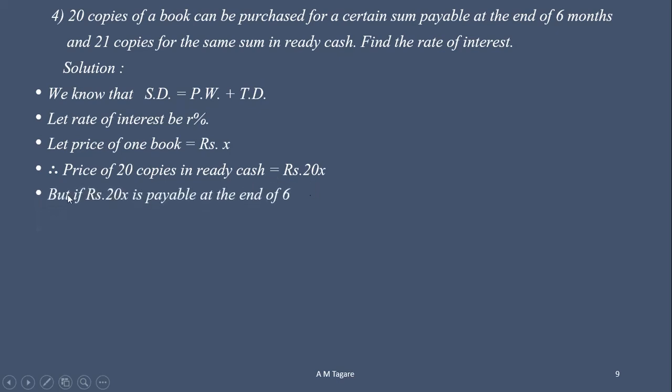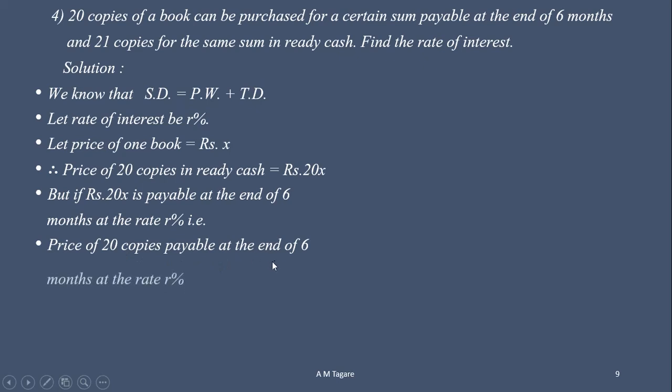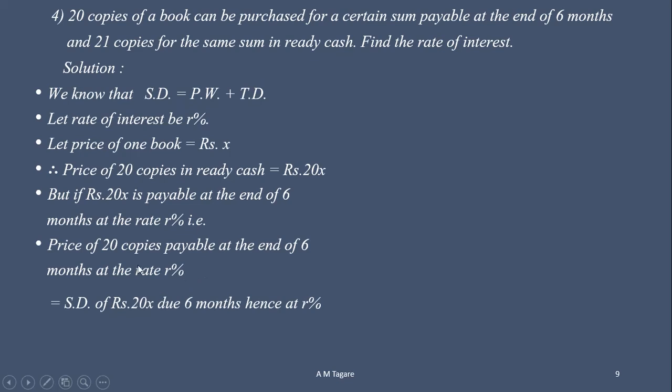Now if rupees 20x is payable at the end of 6 months at the rate R%, that is, the price of 20 copies payable at the end of 6 months at the rate R%, that means the sum due of rupees 20x due 6 months hence at rate R%. We can find this value.